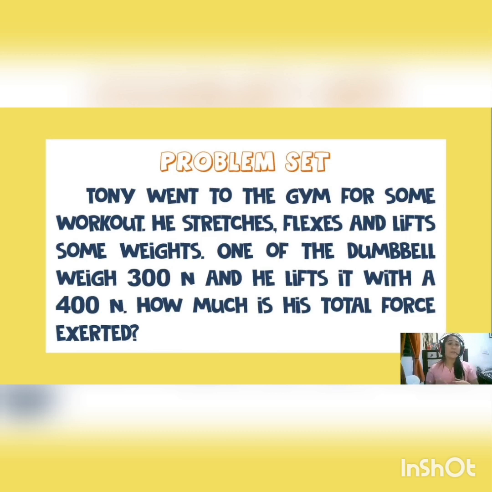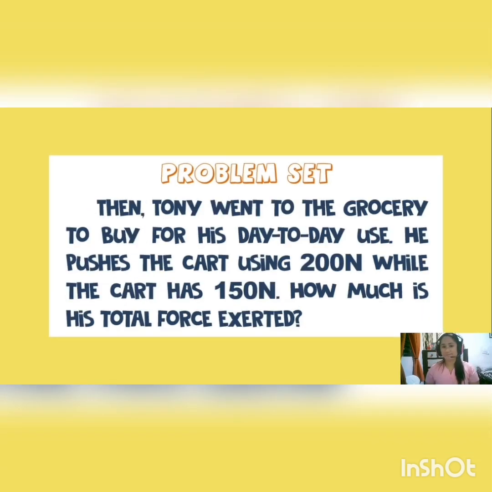So since we have a value, then we can say that the dumbbell is moving. Kasi 'di ba katulad na nabanggit ko kanina, kung ang net force niya ay 0, ibig sabihin yung object ay nakahinto. Pero kapag ang net force ay hindi po 0, then that is in motion or gumagalaw siya.